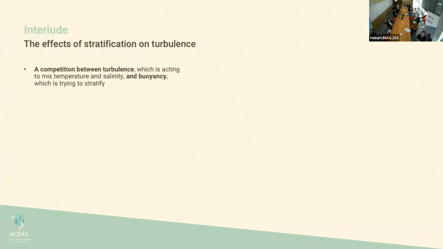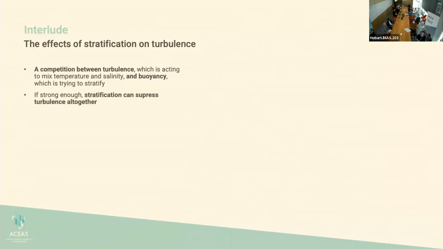In essence, what we've got happening beneath our ice is a competition between the turbulence, which, as I said, is generated by far-field flow, which is trying to mix up the temperature and salinity and make it homogeneous, and buoyancy, which is trying to stratify the water column and leave us in this situation where we have cold water at the top and warm water at the bottom, and it's quite strongly stratified.